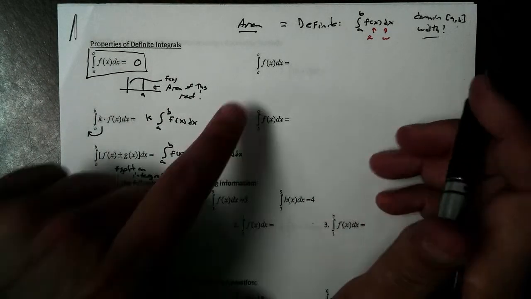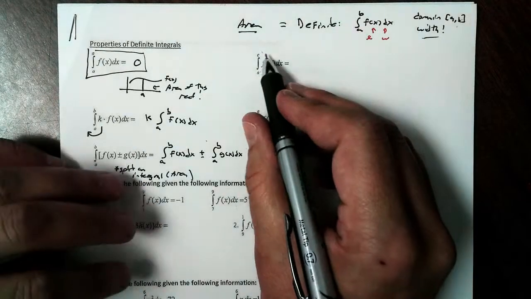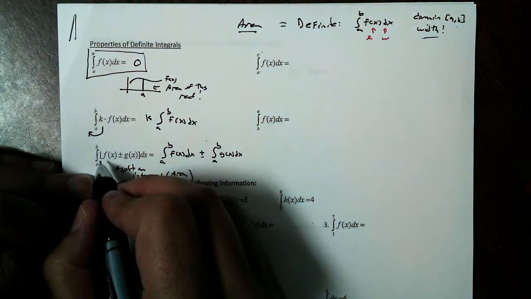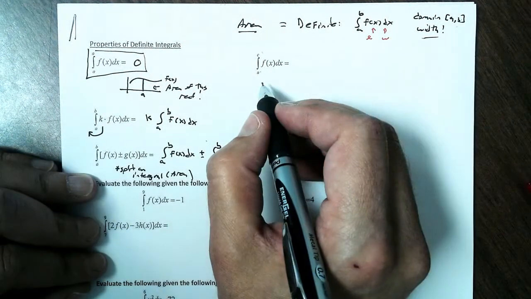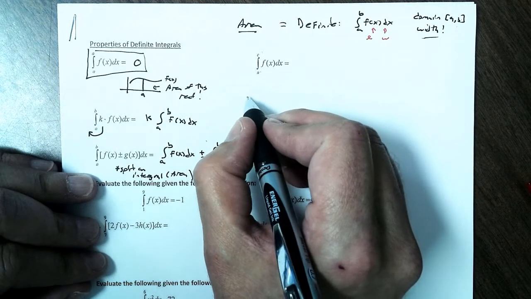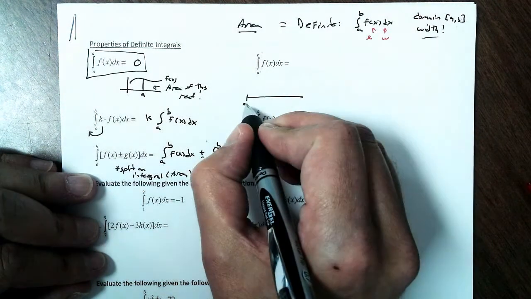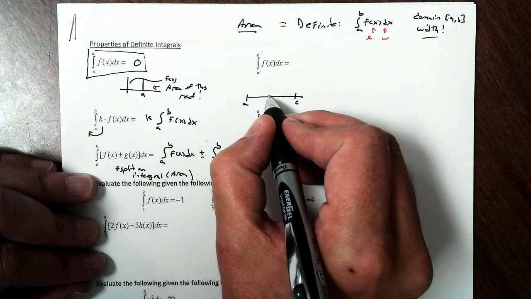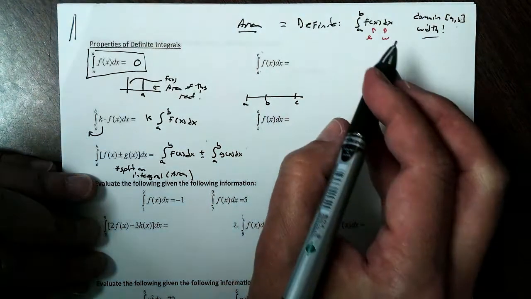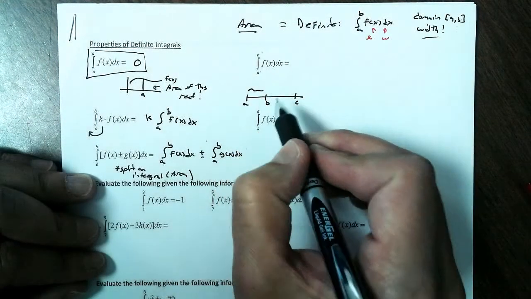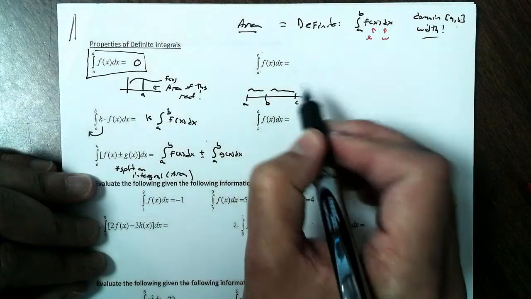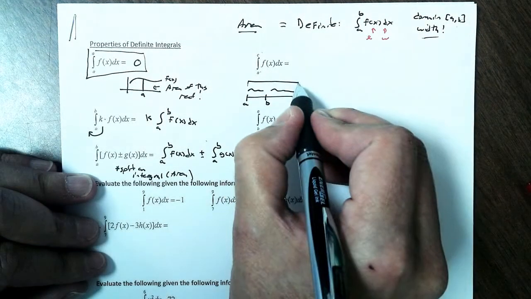Now, the next one says we want to go from a to c. Well, this seems kind of weird because everything goes from a to b. What's another letter? What they're really saying here is, let's say I have a region from a to c, but I have this number b in the middle. Well, I can add this area plus this area to get the total area.